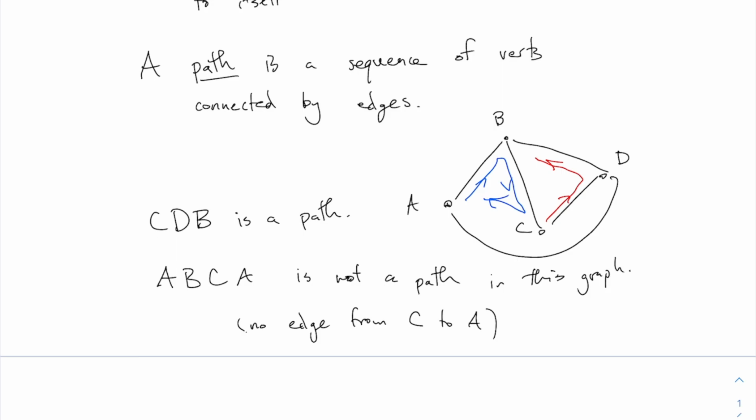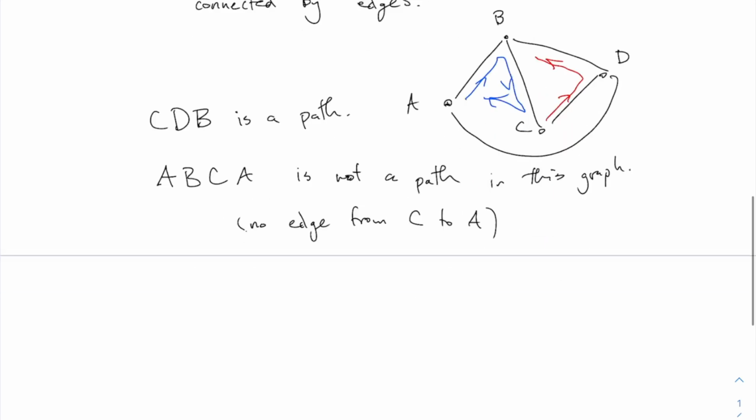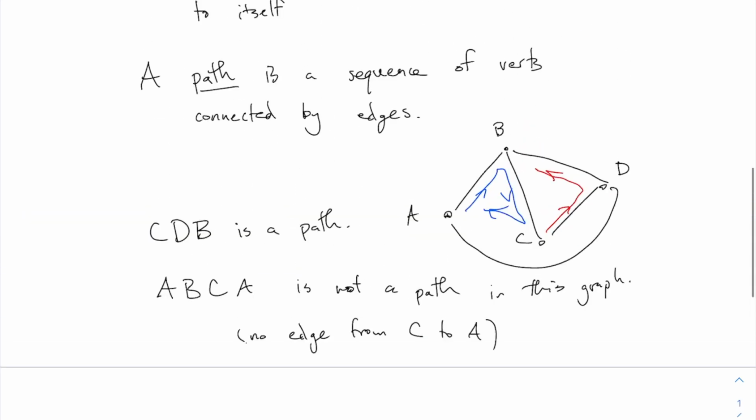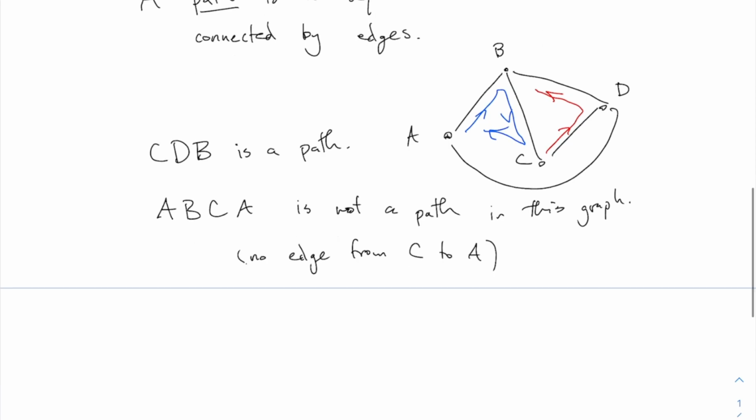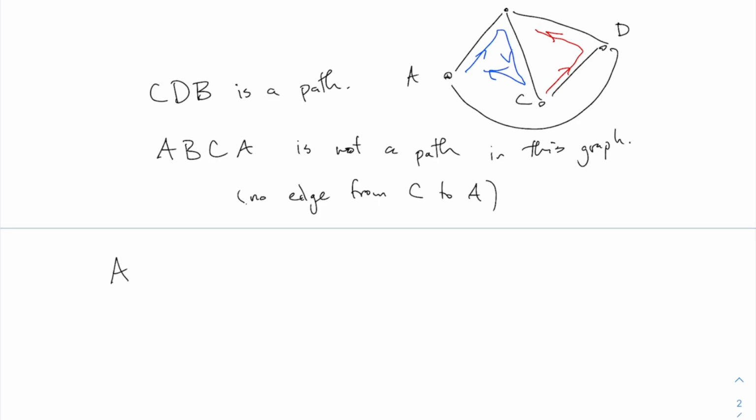I hope everybody feels like this is very, very simple terminology here. This is just to get us all on the same page. There's another word, a special word, for a path which begins and ends at the same point. That's called a circuit.